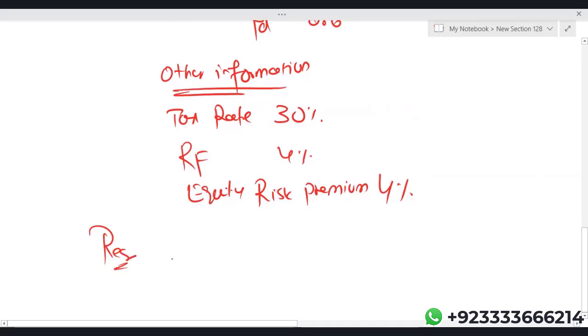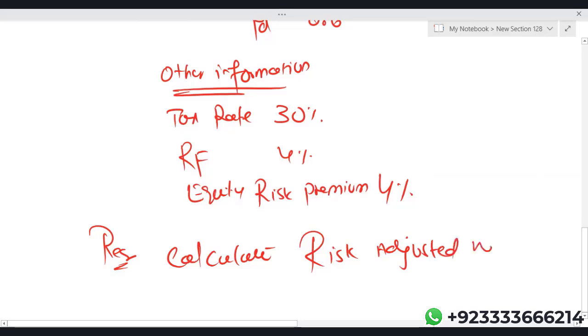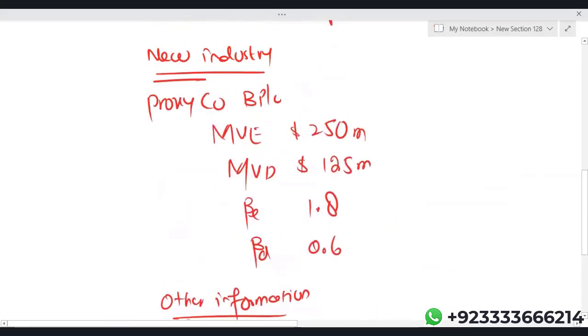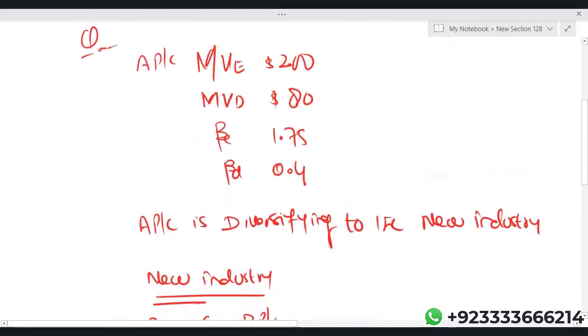Required: calculate the risk adjusted WACC for APLC. Let's say APLC has a KD of 6%. Okay, now listen and listen carefully.